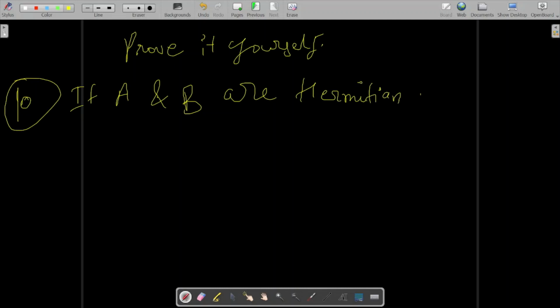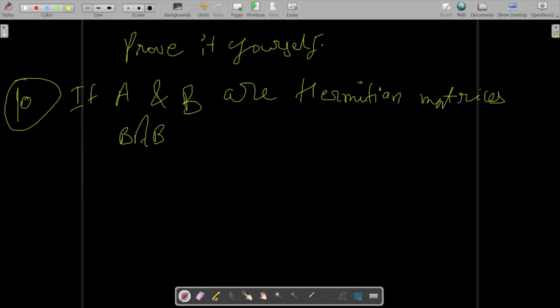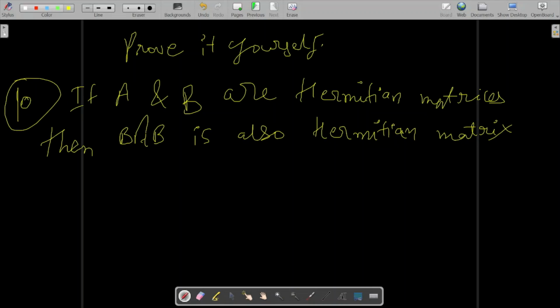If A and B are Hermitian matrices, then BAB is also a Hermitian matrix. You have to prove it yourself.